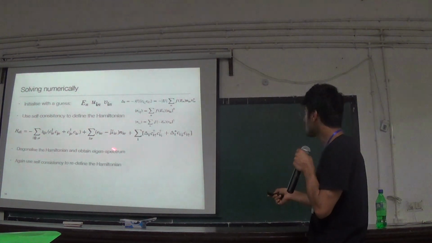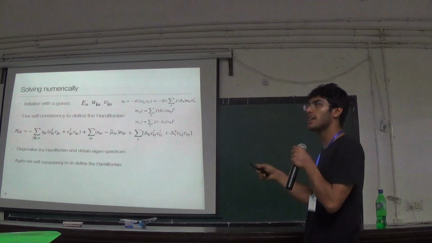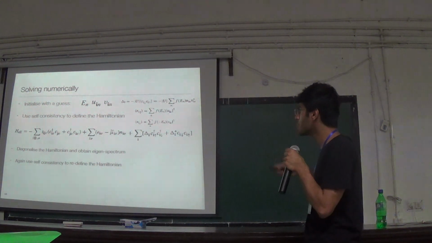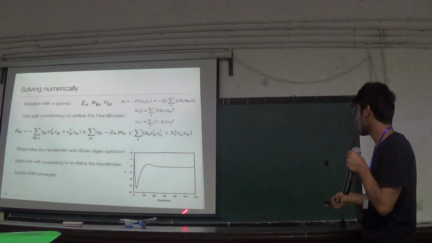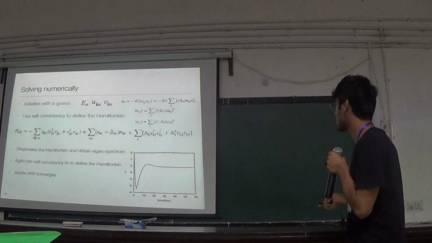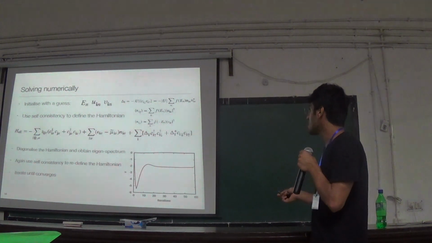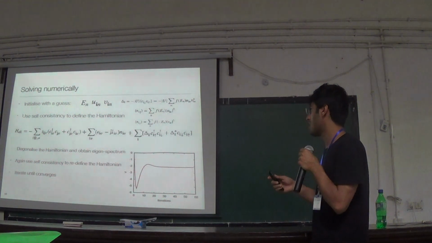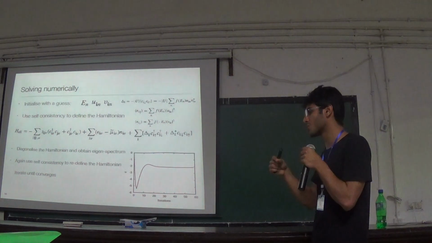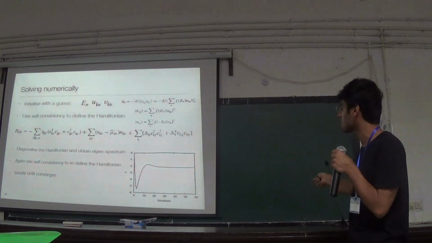And that eigenspectrum will redefine your Hamiltonian. So you go up and change your Hamiltonian and keep doing it until it converges. This is one of the convergences that you got. It's about 60 iterations, which takes about a minute or so. But it can change when you have higher disorder, or if it's closer to the phase transition, then this can go up to 100.